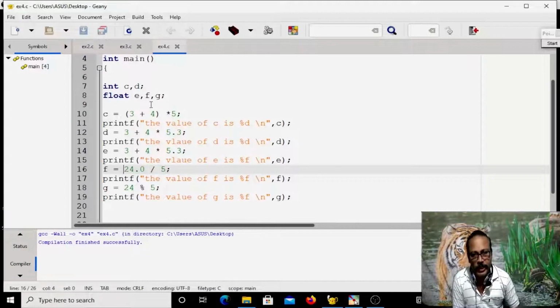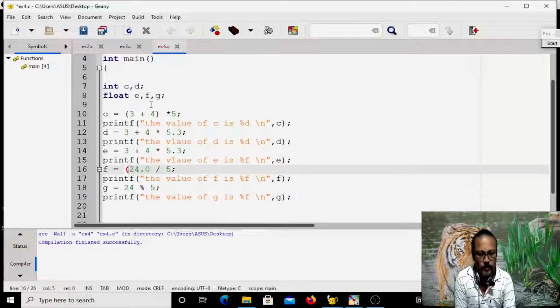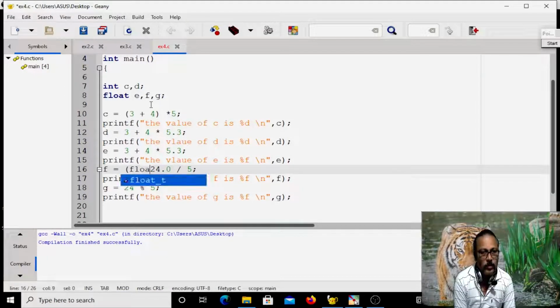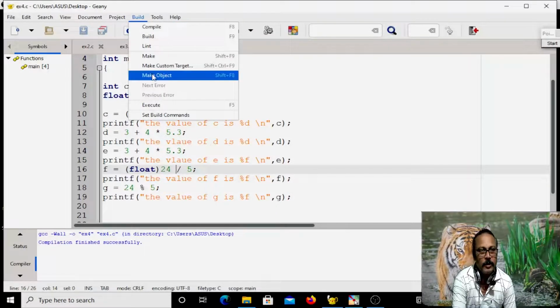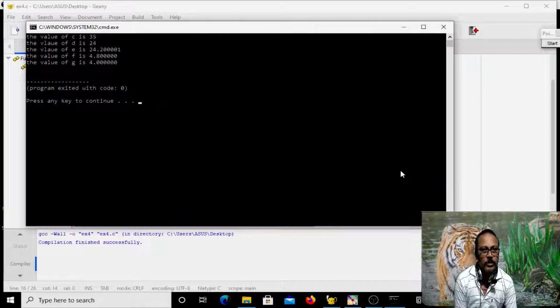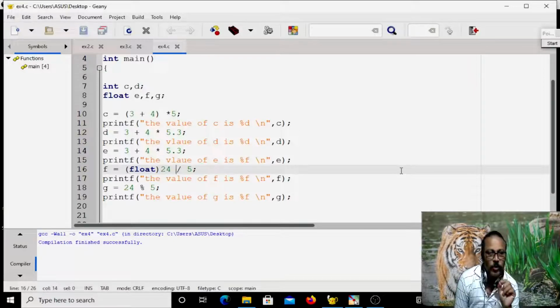Now I can do it the other way also. Instead of that, I'll write float 24. What happens? I am getting the result 4.8. So what was the previous case? 24.0 by 5. That is implicit type conversion or type coercion.